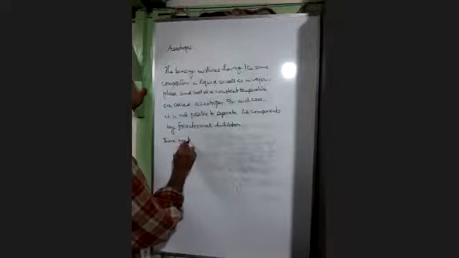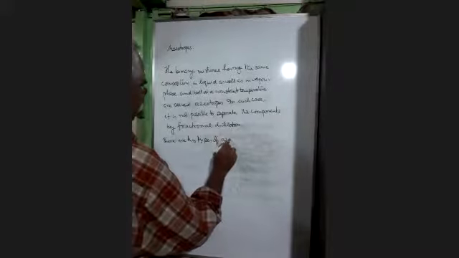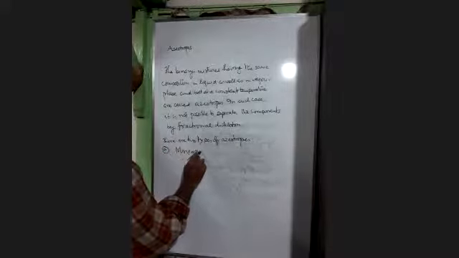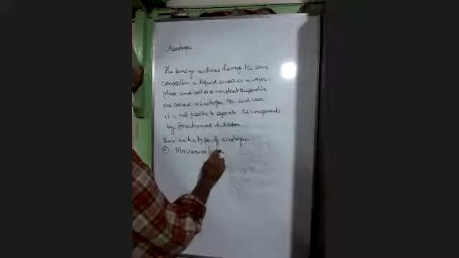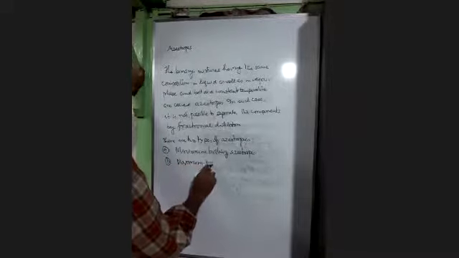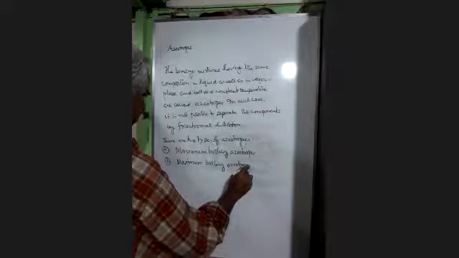There are two types of azeotropes: minimum boiling azeotrope and maximum boiling azeotropes.